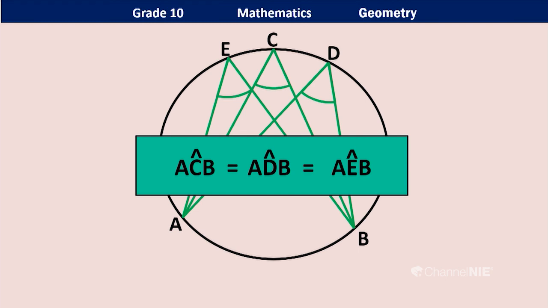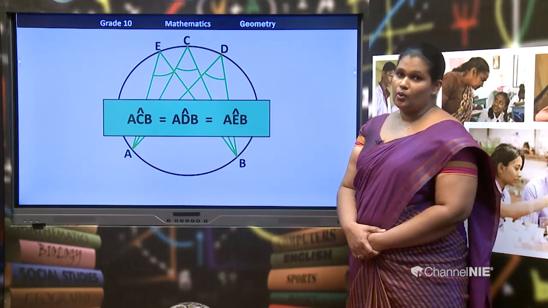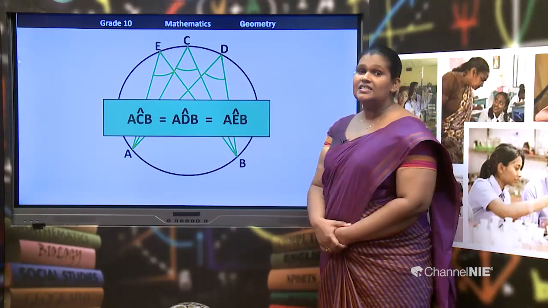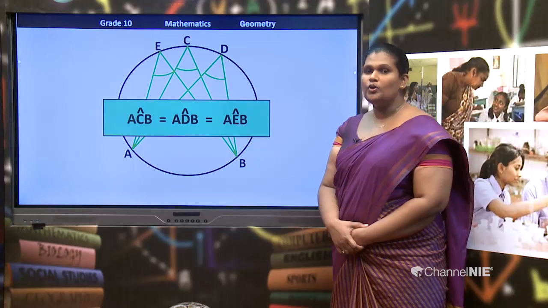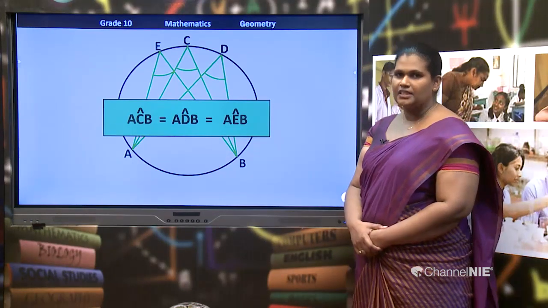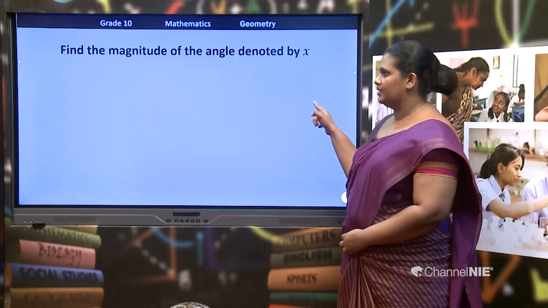We can say this using the theorem we have just learned, because all these three angles are subtended on the same segment. Therefore, the magnitude of all three angles should be equal.